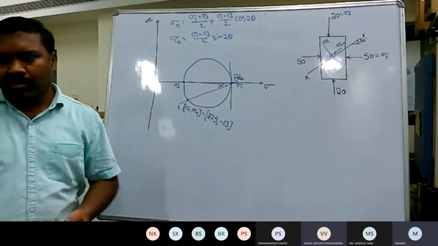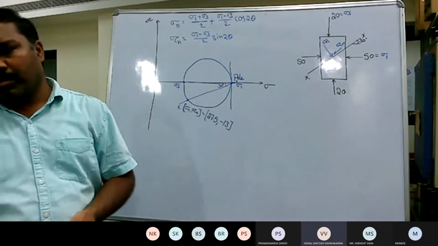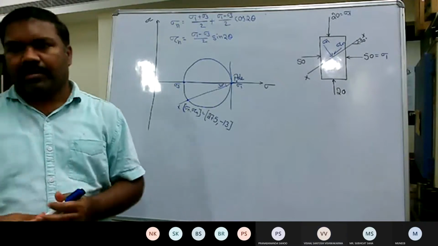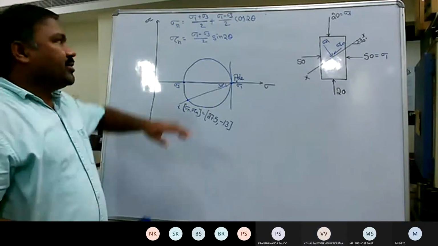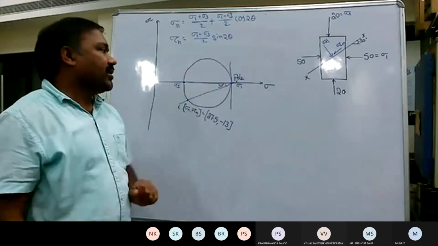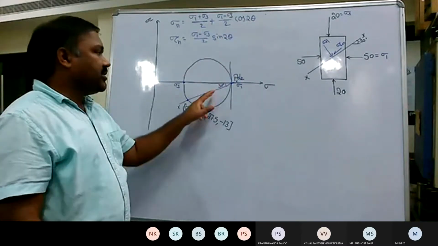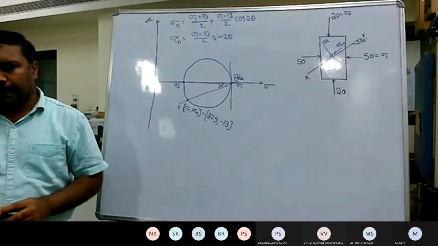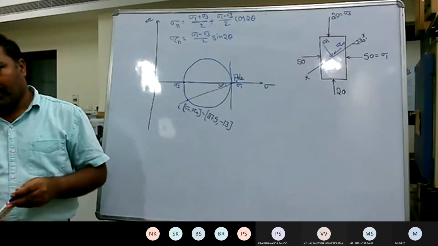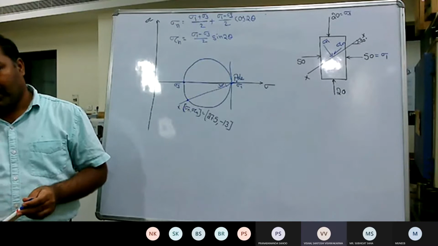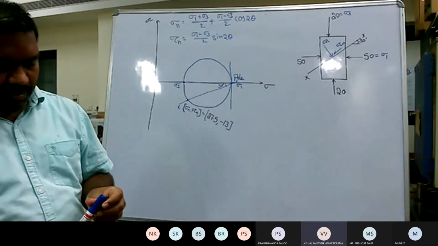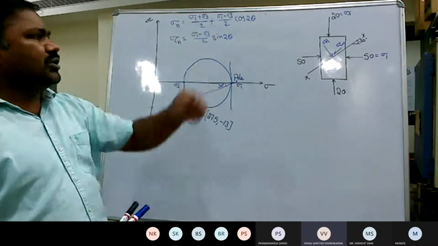Sir, we have to consider theta equal to 60. Theta is equal to 60. Suppose I take theta equal to 30 here, will that plane represent this one, or will the plane be different? In the Mohr circle, the rule is that we draw according to 2 theta.